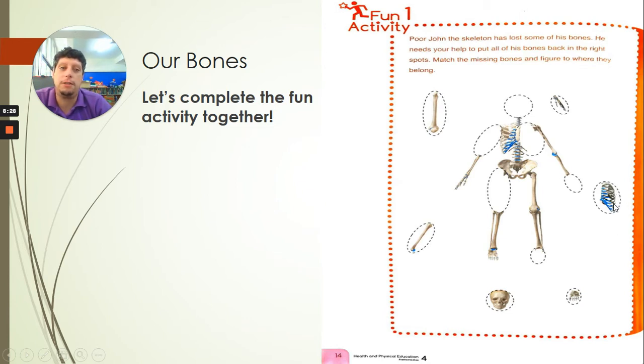Do you know the name of this one? You might know the name of this one. Okay, 15 seconds, go. Okay, very good. Next one is this one. Where does this go? Nice and easy. 15 seconds, go.